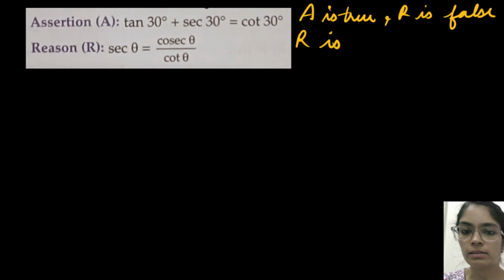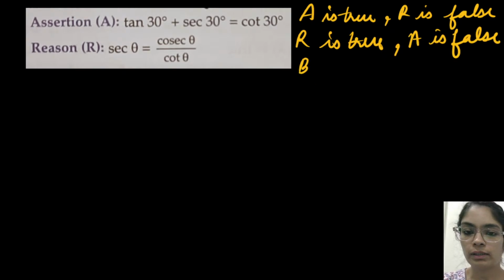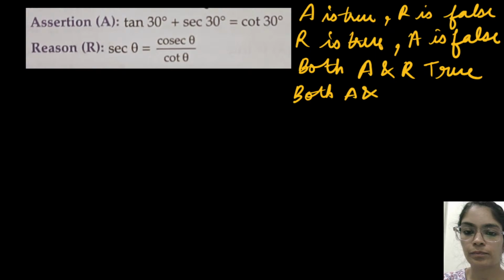Then R is true, A is false. Then both A and R true. Then both A and R false. So these are the options.